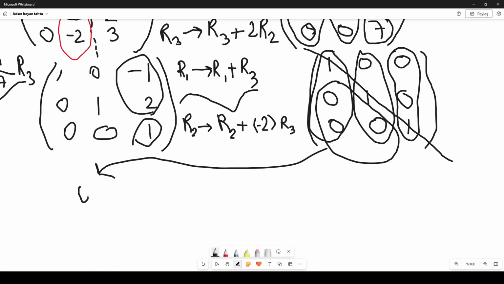Based upon the last row, we got 0x1 plus 0x2 is equal to 1, right? What does this mean? Whatever the unknown variables x1 and x2 are, there is a numerical contradiction here, guys.